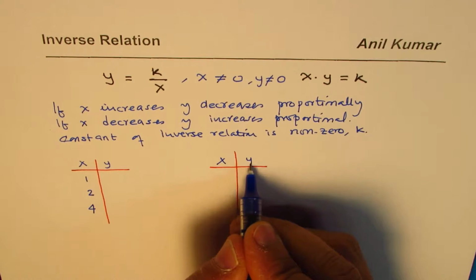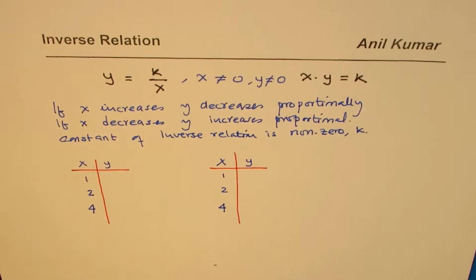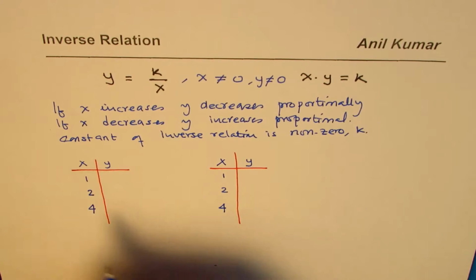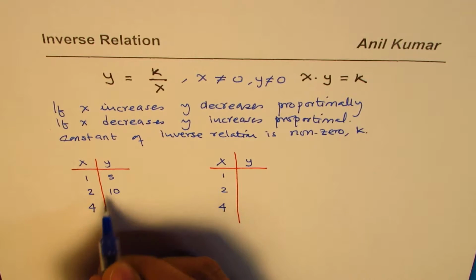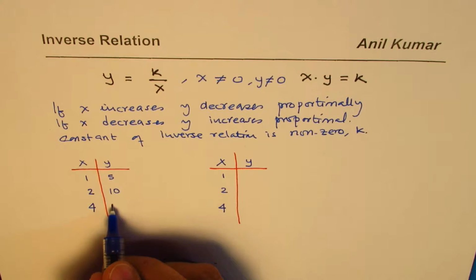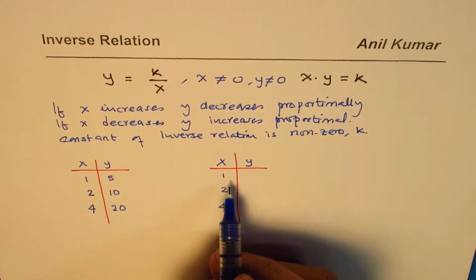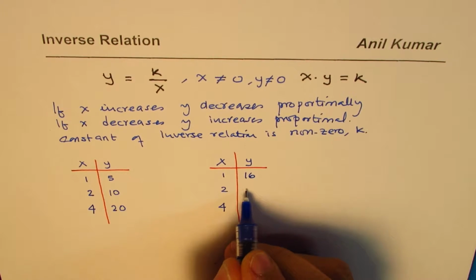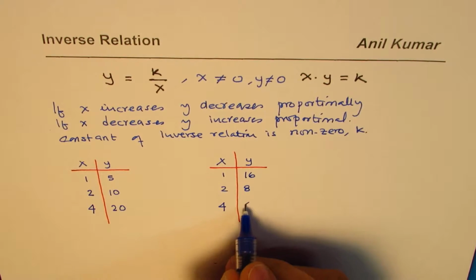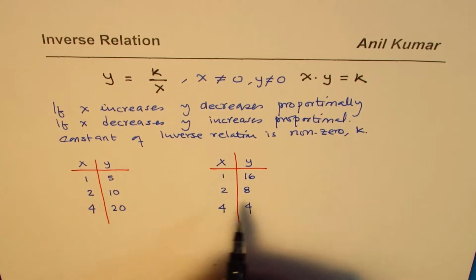And if I take the y values as, let us say, 5, 10, and 20 in this case, and let me take y values here as, let's say, 16, 8, and 4. Okay, now these are two different relations.